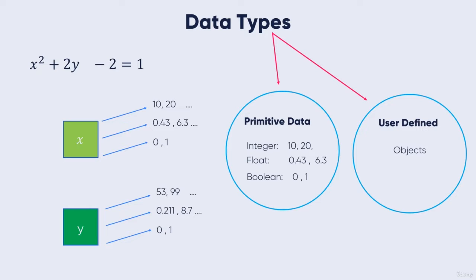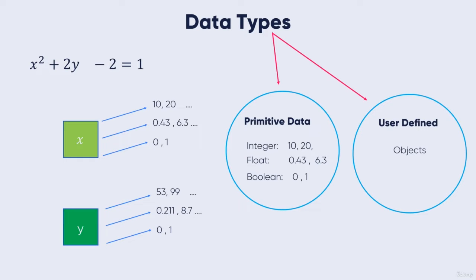The number of bits allocated for each primitive data depends on the programming language, the compiler and the operating system. Okay? And it may differ in the ranges for every type.